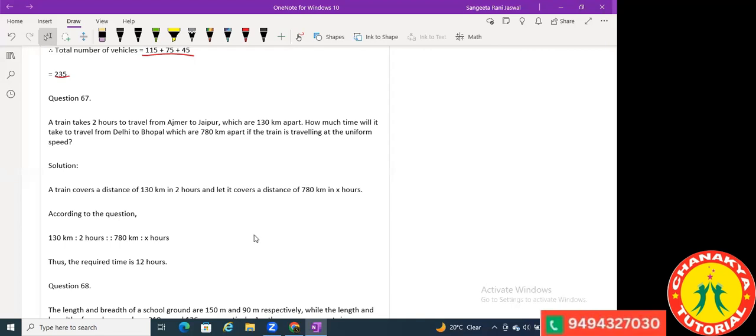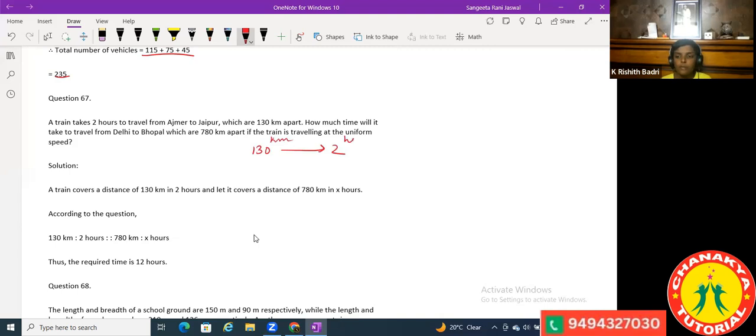Okay. See here. A train takes 2 hours to travel from Ajmer to Jaipur, which is 130 kilometers apart. To cover this much of the distance, 130, the train is taking 2 hours. This much you get it? Yes, ma'am.